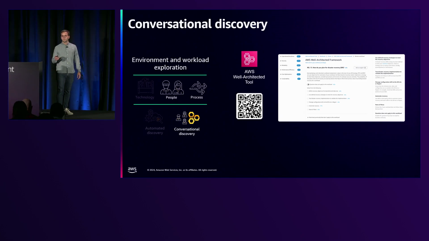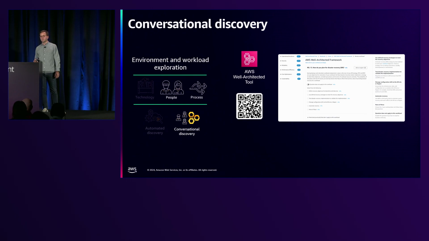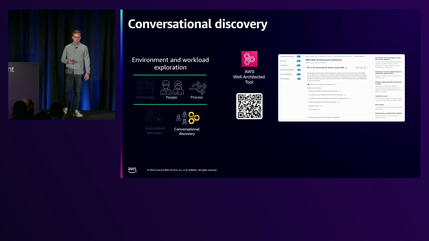For those that know already, the Well-Architected Framework is based on 6 pillars. So we have operational excellence, security, reliability, performance efficiency, cost optimization, and the last one, sustainability. So what are the key benefits of the Well-Architected Tool?